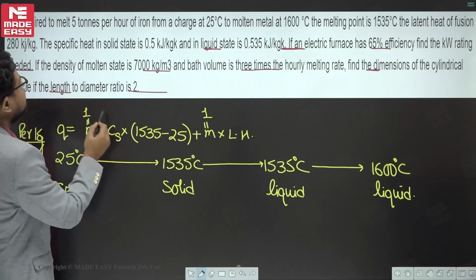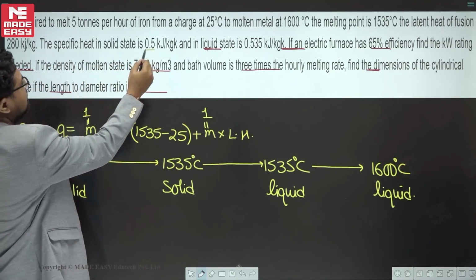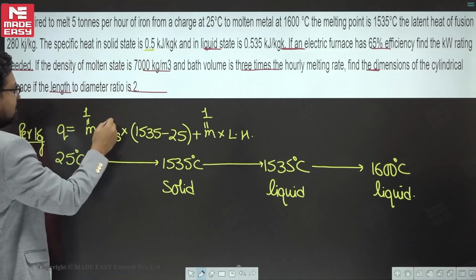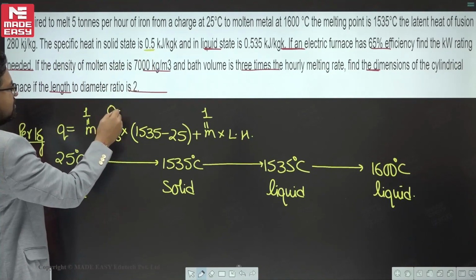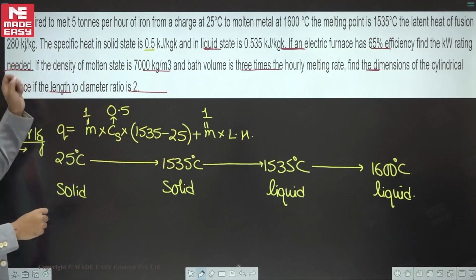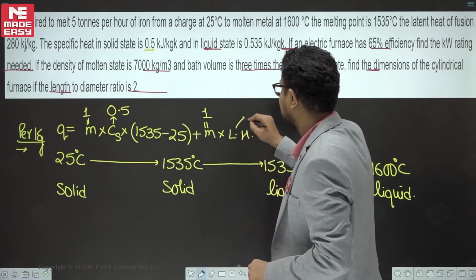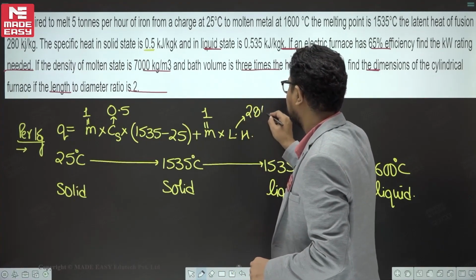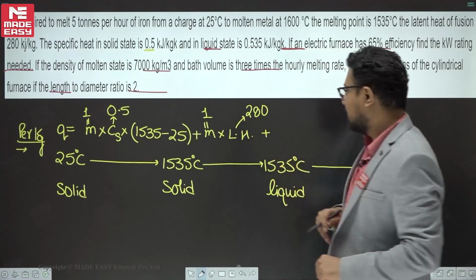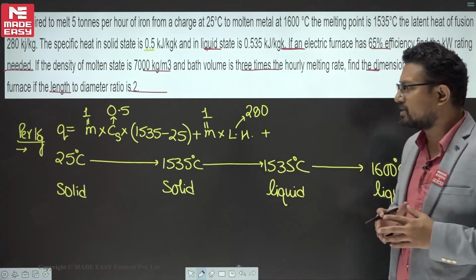Specific heat in the solid state is 0.5, so I will write it as 0.5. Then mass into latent heat is given to us as 280 kilojoule per kg. So this latent heat is 280 kilojoule per kg, plus. Now we have 1535 to 1600 degrees Celsius.